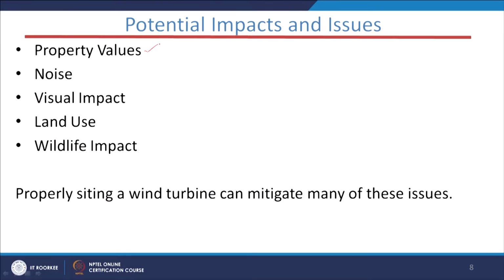The first one is property values, and the second one is noise and visual impact, land use and wildlife impact. So, if you look overall at the drawbacks, the disadvantages of the wind system, the first point is property values. While siting these wind farms, they need large lands.